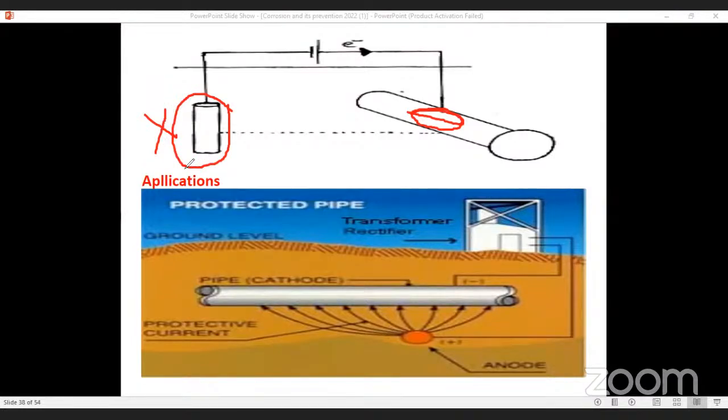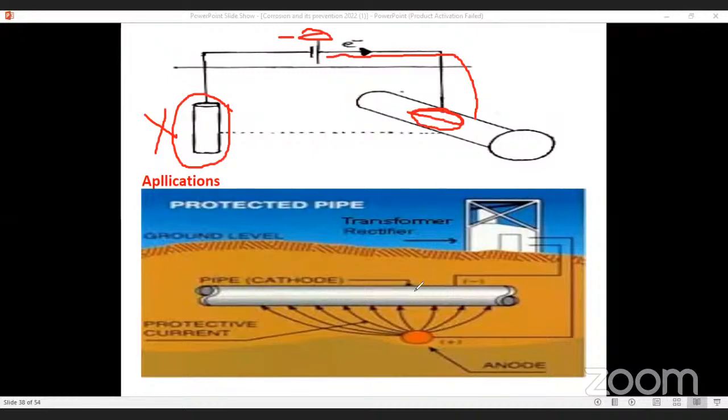So these two are connected with an external battery. Here the battery will be there. The negative pole is connected to the inert electrode, and the positive pole is connected to the metal whose corrosion process we are going to protect, right?